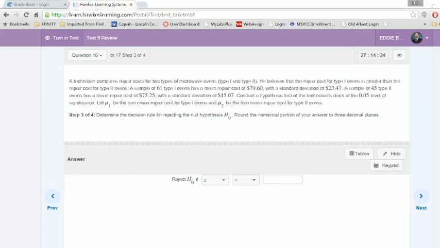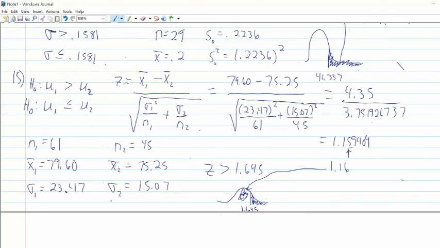Once you have that in, you go to the next step. Make the decision. It's going to be fail to reject because 1.16 is not in the rejection region. The rejection region would be test statistic greater than 1.645. If my test statistic had been 1.8, 2, or 3, then I would reject. But it was less than 1.645, so I failed to reject the null hypothesis.